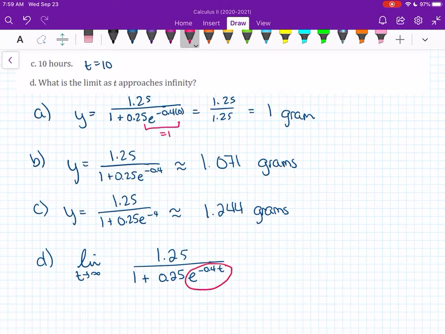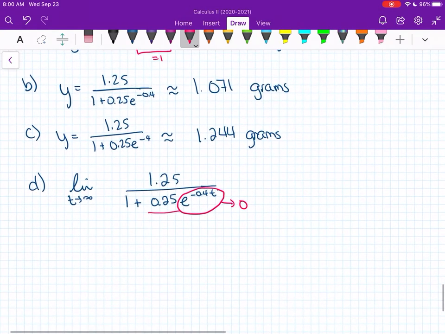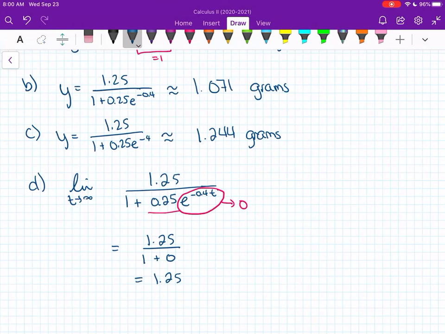So that piece right there is going to 0. Okay? And as that goes to 0, this whole chunk goes to 0. So then I am just going to get that this is the same thing as 1.25 over 1 plus 0, or 1.25 is my limit.